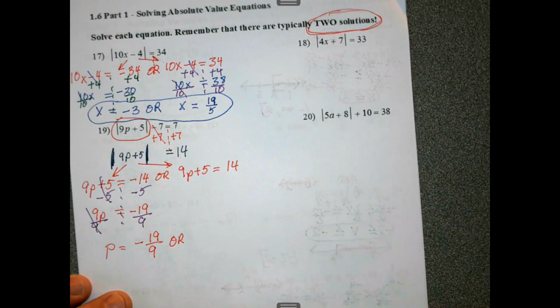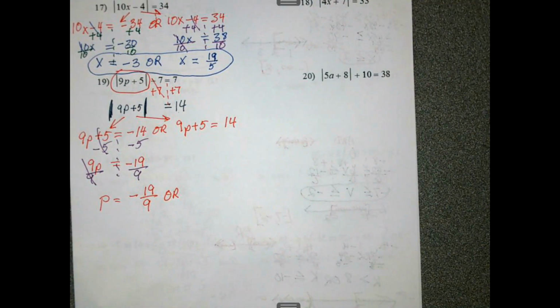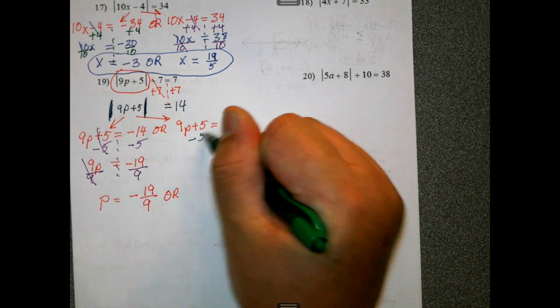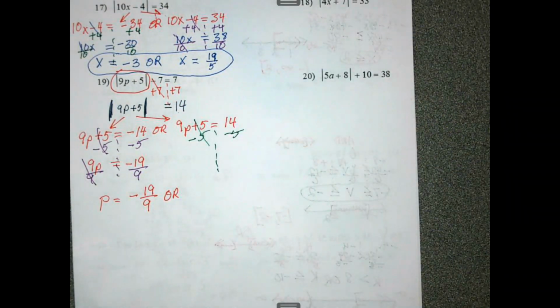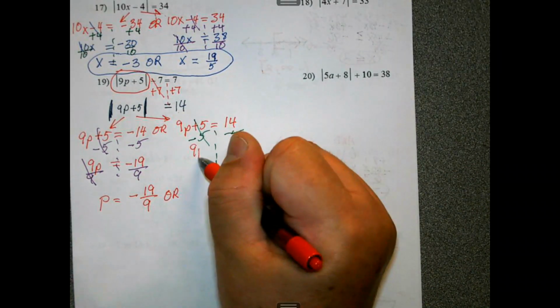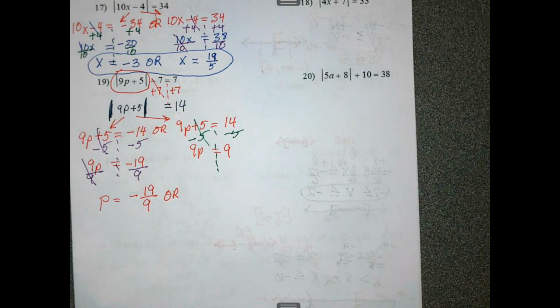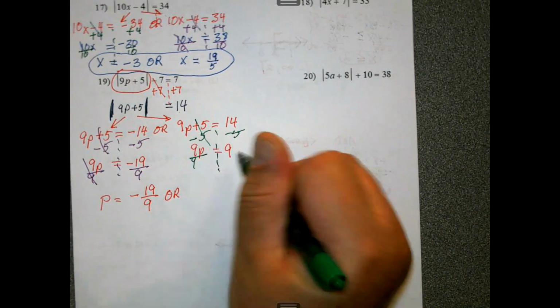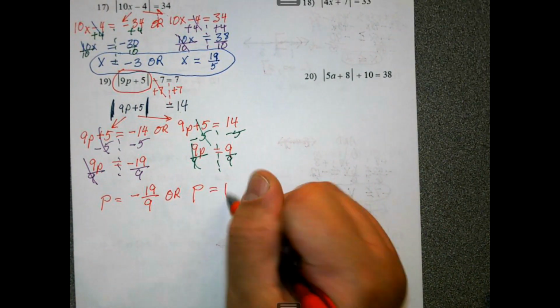Or solve the other one. Subtract 5, subtract 5. 9p equals 9. Divide by 9. A lot of nines going on. So p equals 1.